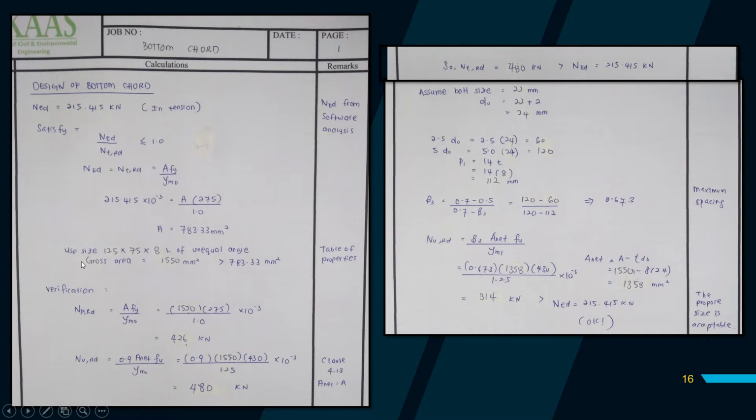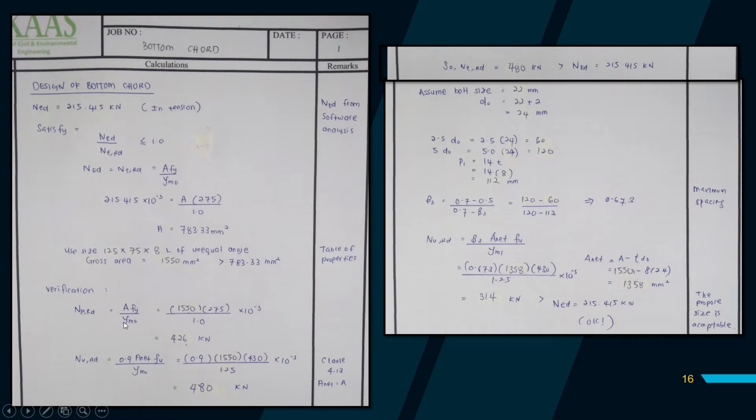So, we use size 125 multiplied by 75 multiplied by 8L of an unequal angle. Gross area we get 1550 millimeter squared, which is more than 783.33 millimeter squared from the table of properties.